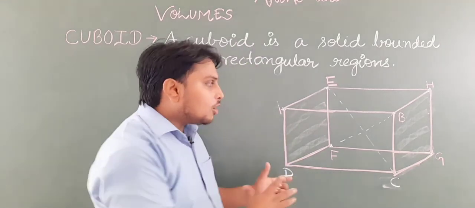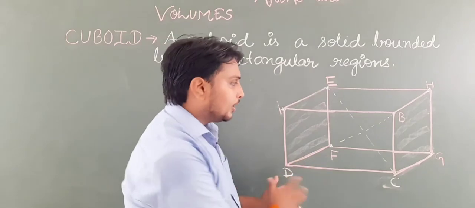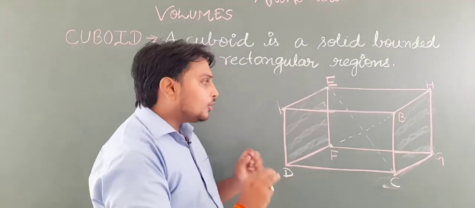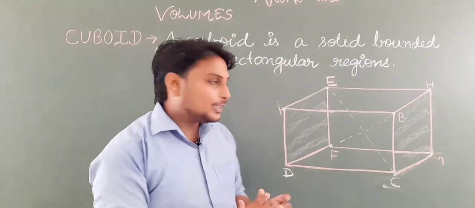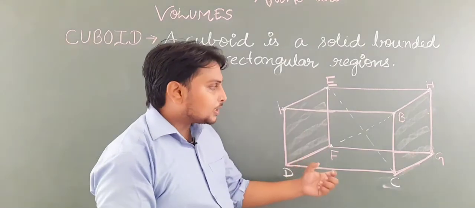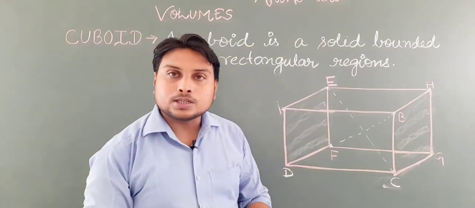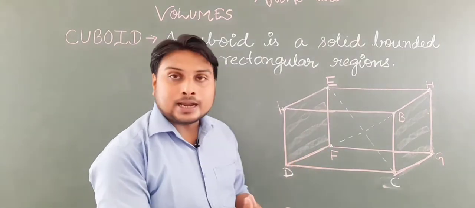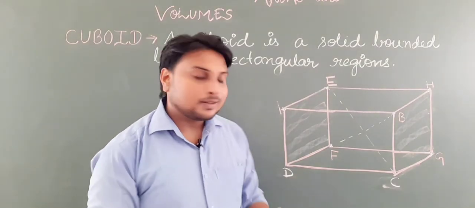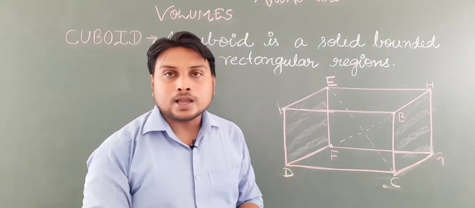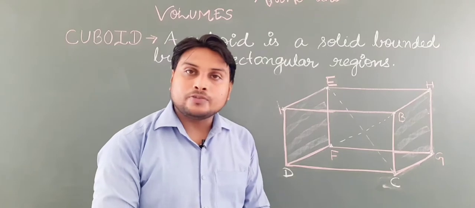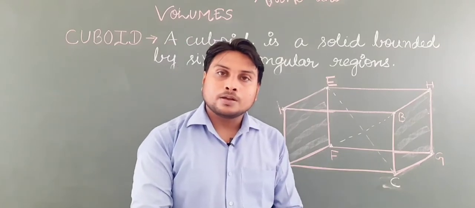So when we talk about the whole solid, it is three-dimensional, and to find what space it occupies in the universe, we will use the concept of volume.